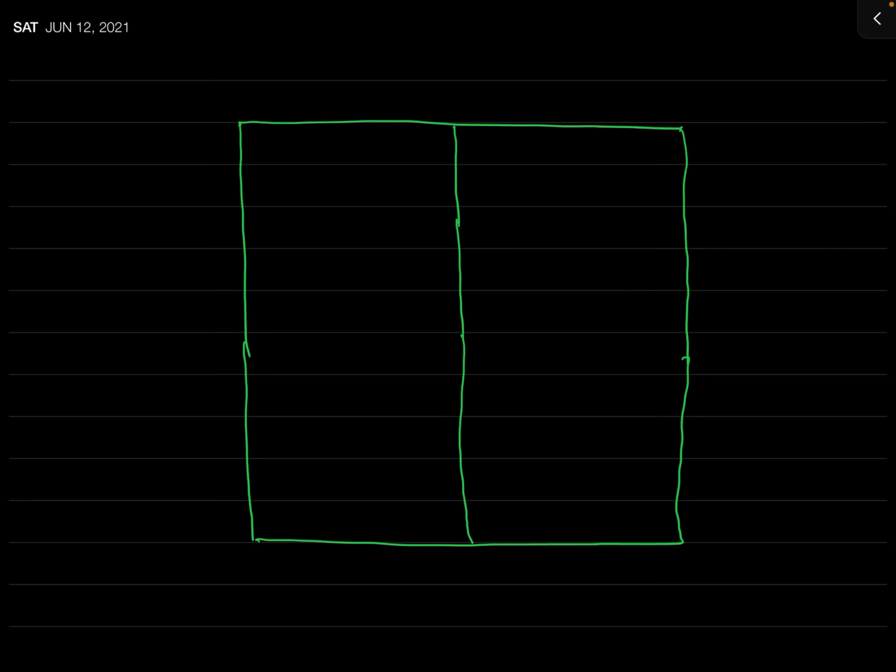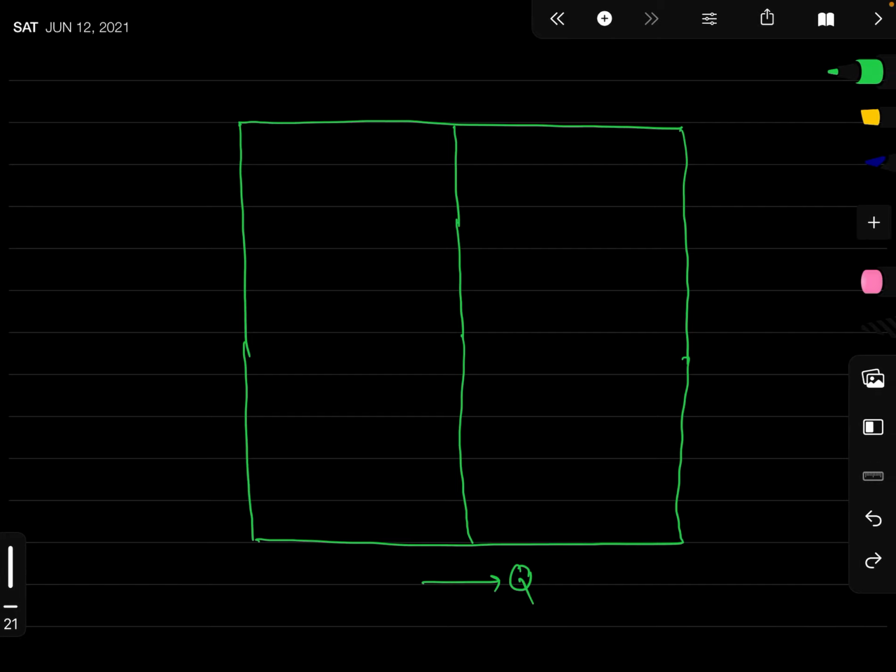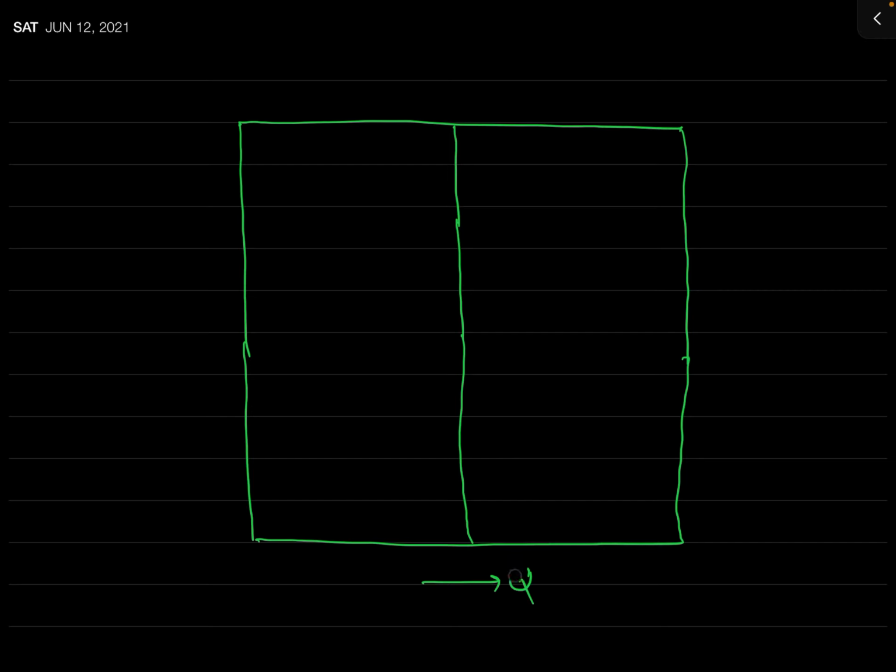So let us take the value of phi on this axis. Sorry, this is pi. On this axis, take here phi equal to 0, here phi equal to pi by 2, and here phi equal to pi.